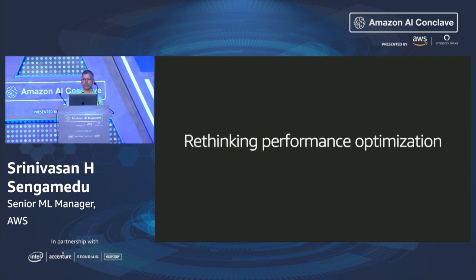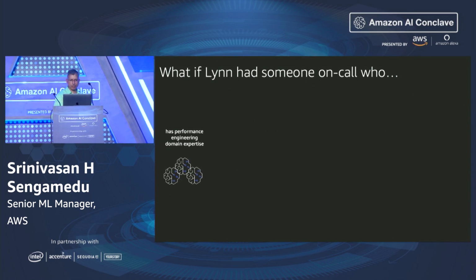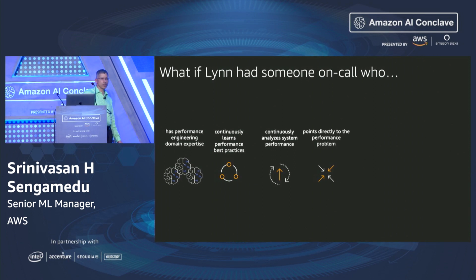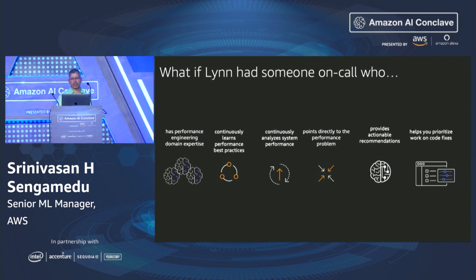Let's think, if Lynn had someone who actually has performance engineering domain expertise, continuously learns performance best practices, continuously analyzes the system performance in production, points directly to the performance problems, provides actionable recommendations, and helps the team prioritize code fixes.